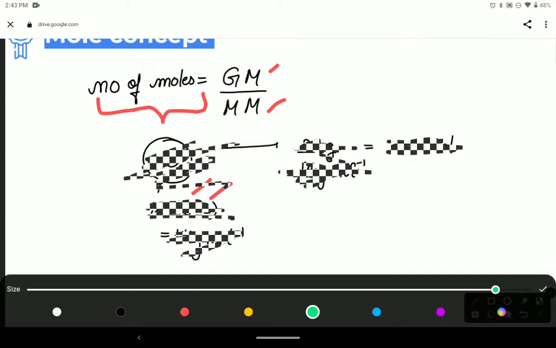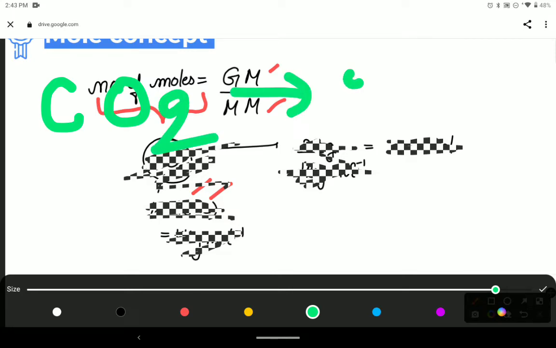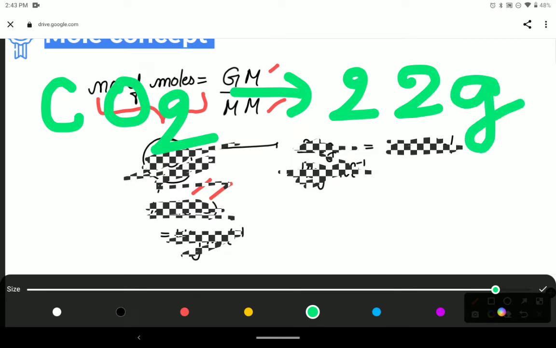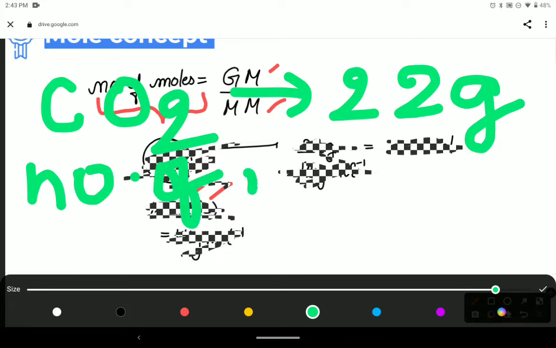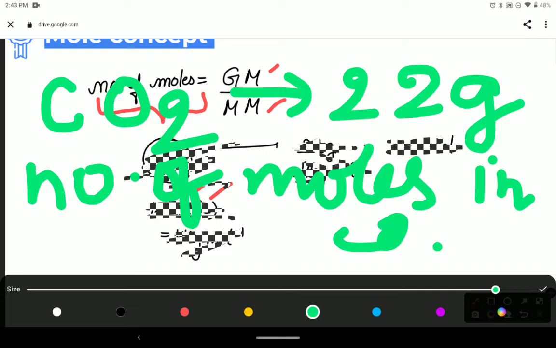See, carbon dioxide was in the question, 22 grams of carbon dioxide was used for something. A phrase was given like, carbon dioxide is 22 grams. Now you are asked to find the number of moles of carbon dioxide in that particular question.